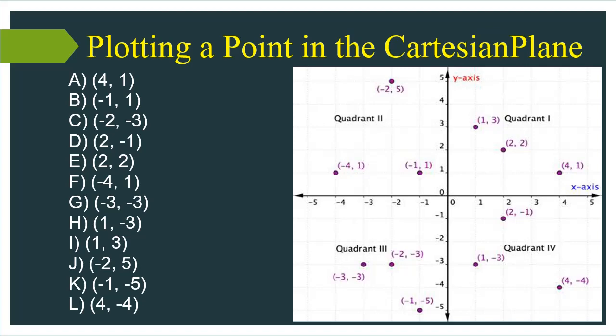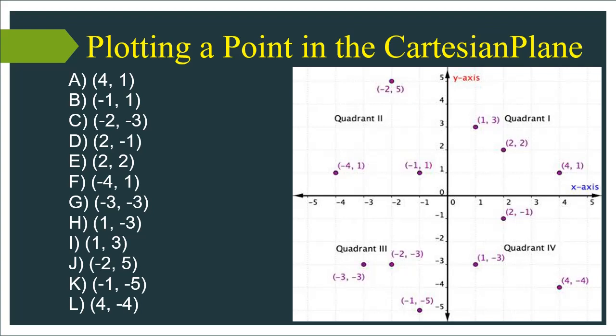Now, in the next slide, we are trying to understand the concept of plotting a point in the Cartesian plane. How to plot a given point in the plane? Let us start with the very first point, (4, 1). Both x and y are positive. So it is clear that (4, 1) lies in the first quadrant, right? So taking x, mark 4 and draw a perpendicular line. Similarly, on y, take 1 and draw a perpendicular line.